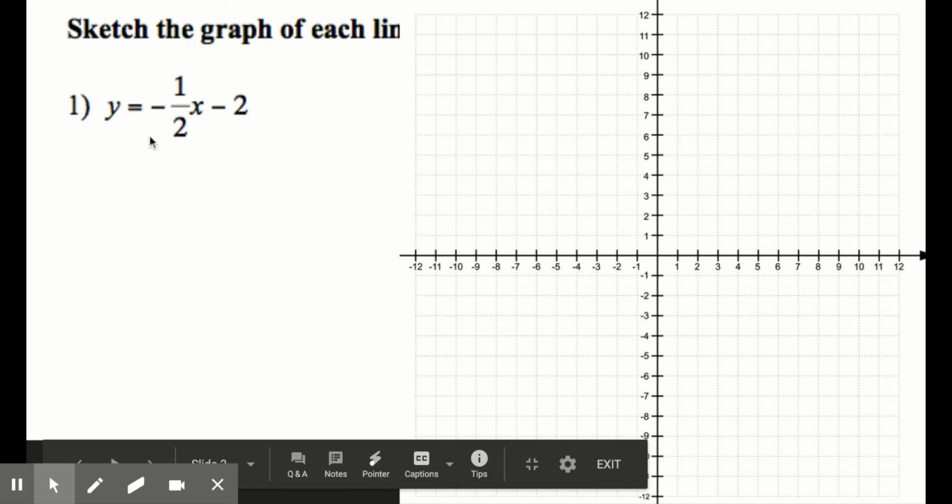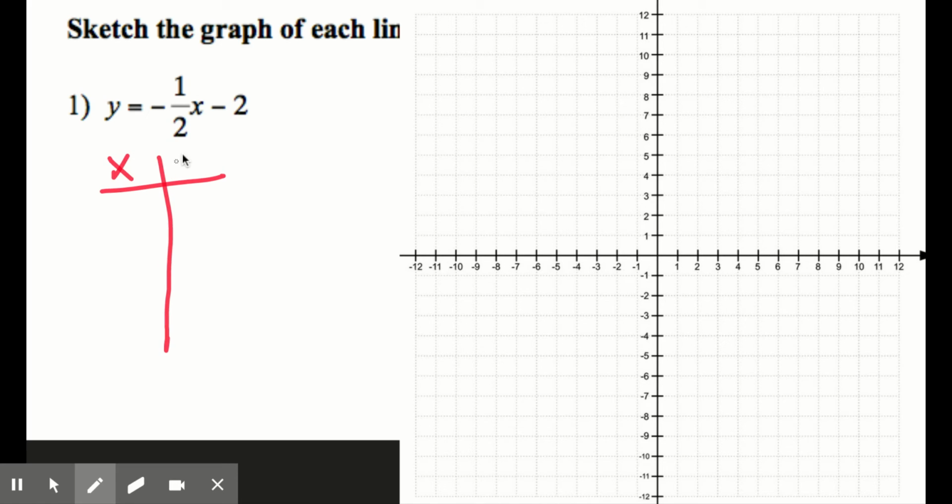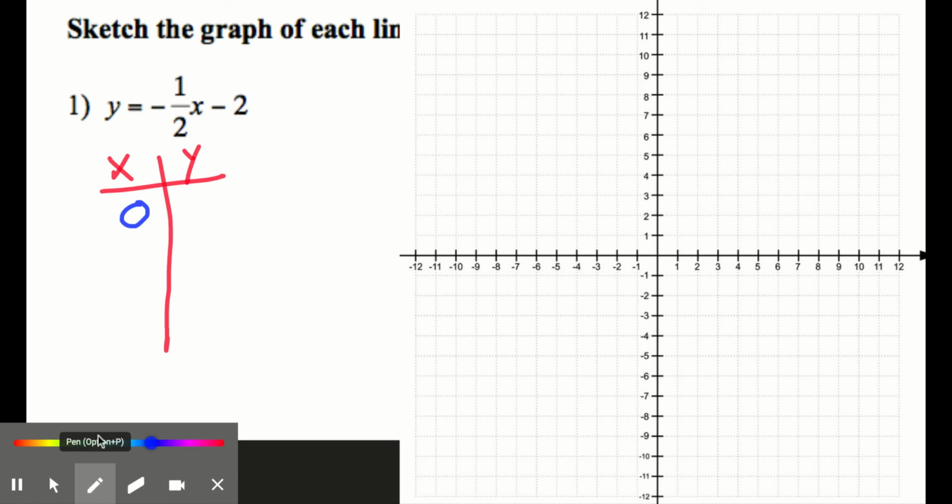So let's sketch this graph. I'm going to do this really quickly. I know that this is the y-intercept. So when I make a chart, I know that if I plug in 0, I get -2. And let's use a different color for actually tracking it.